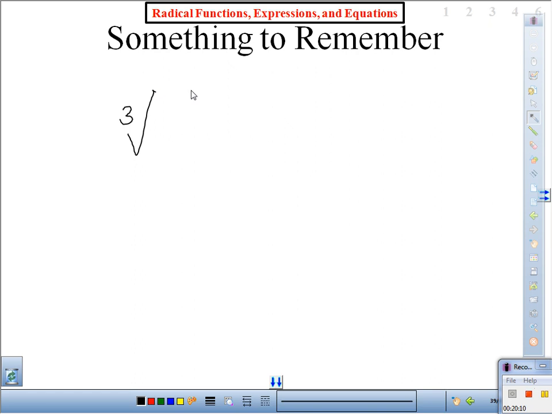Cube root of 24. Relax, pay attention, please. You're going to need this skill for what's coming, all right? Here goes. What number times itself 3 times gives us 24? I don't know. There is none. 1 times 1 times 1? No. 2 times 3 times 6? No. 4 times 4 times?